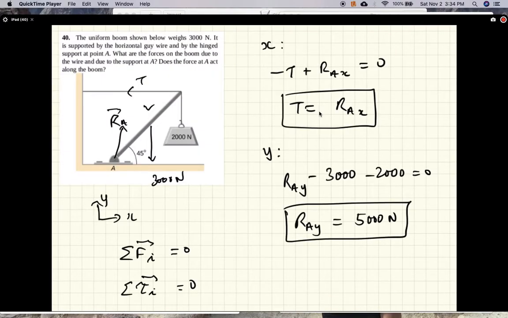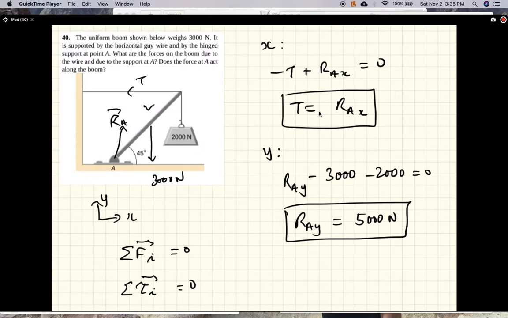So let's do the sum of the torque equations. Again, like I said, we're calculating the torques about this point, and this is L by 2 cosine 45, this is L cosine 45, and this distance is L sine 45.